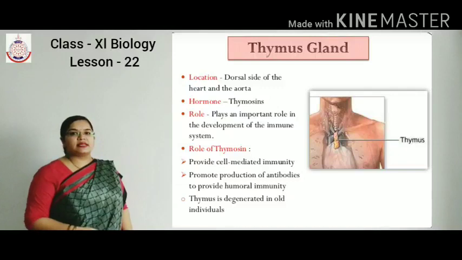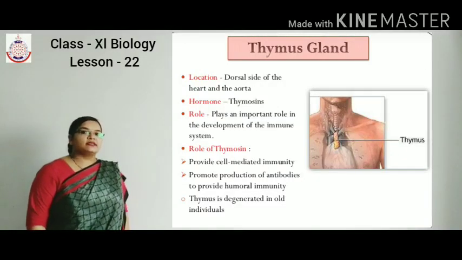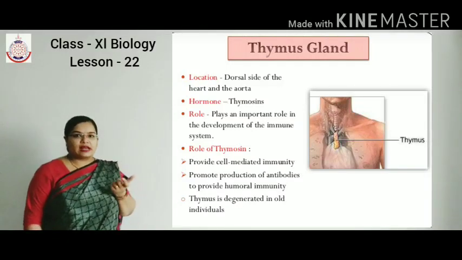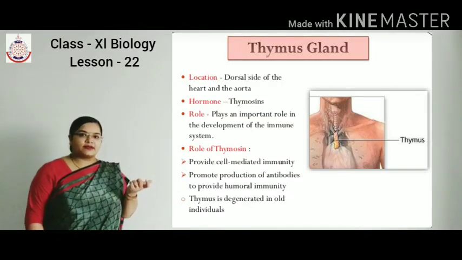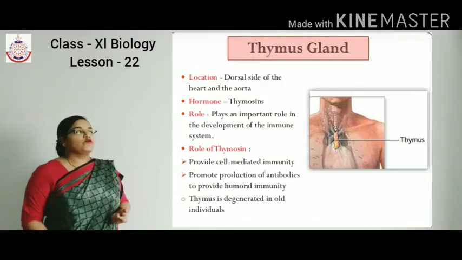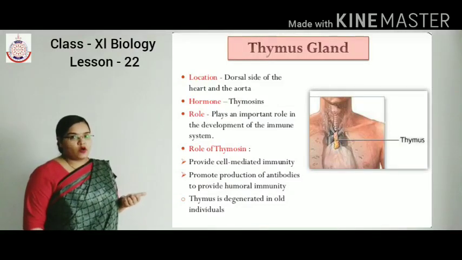This thymus gland secretes a peptide hormone known as thymosin. Its name is derived from the gland, the thymus gland. Following are the functions of the thymus gland and its hormone.